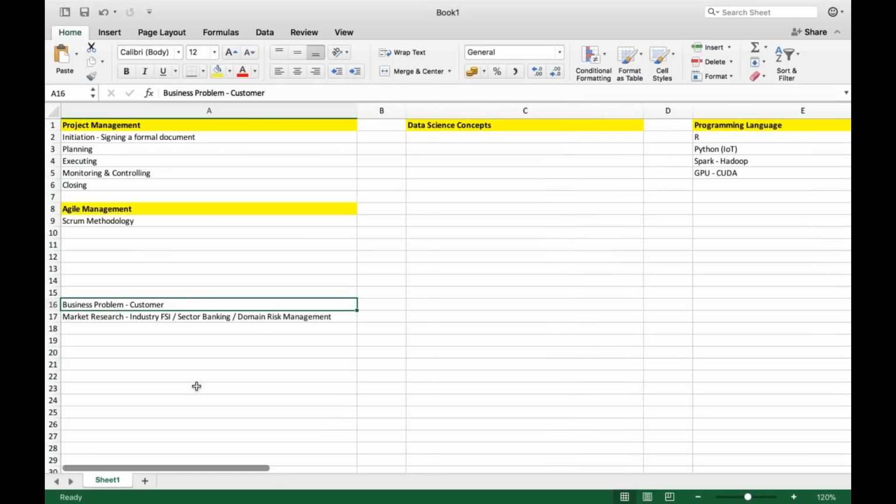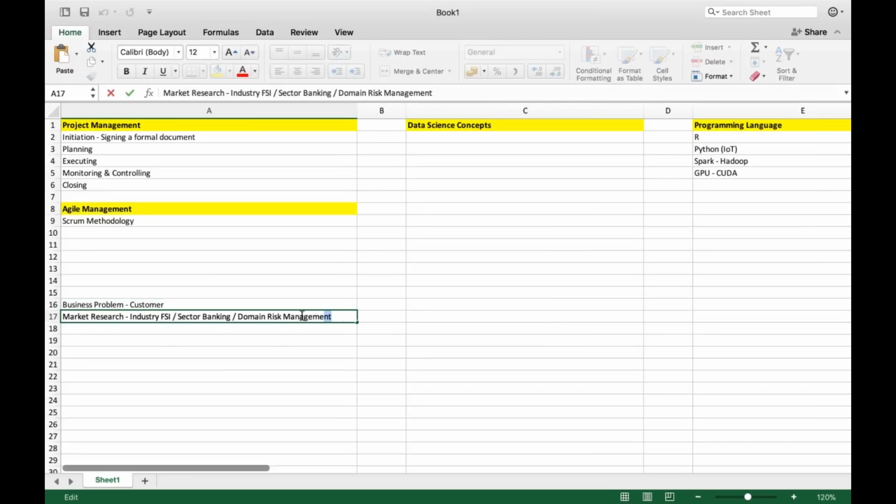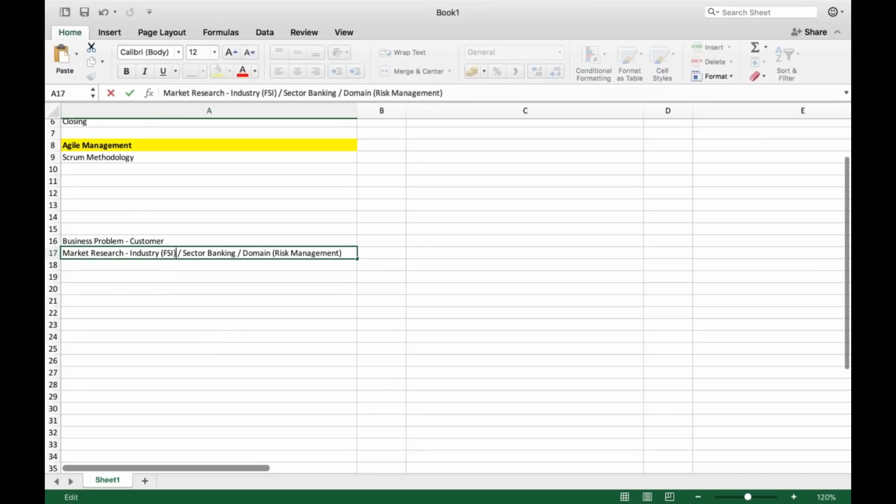Initially, if you do not have knowledge, you should try to accrue knowledge in the space of domain. Now, these are interchangeably used by people because of lack of knowledge. But now that you know, as part of this session, you know what is the difference between industry, sector, and domain. So don't confuse yourself.